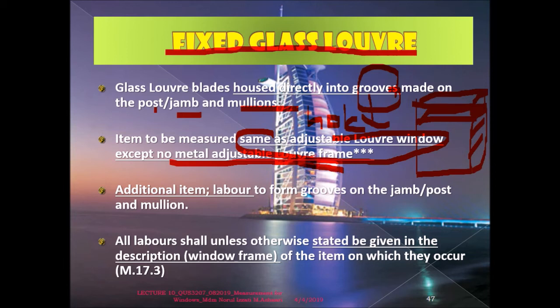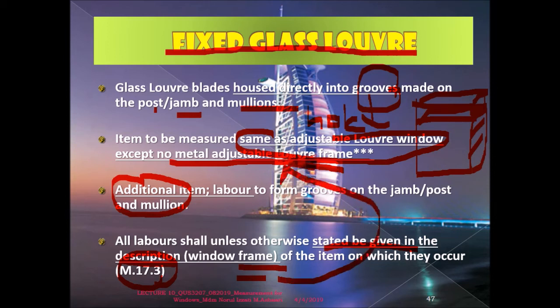So what needs to be measured is the frame, but with additional information in the description, stated as per clause M.17.3. So remember, when you have fixed glass louvered, there is no item for metal adjustable louvered frame, but you have to add the information in the description to write down that you have to put in the groove or the label work in the description of the frame itself.